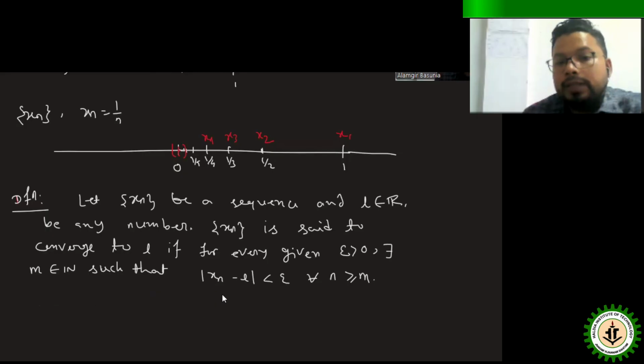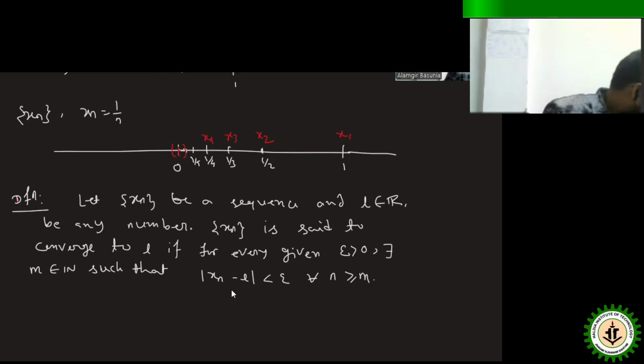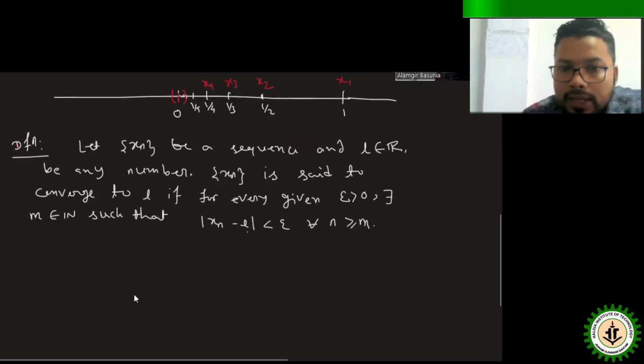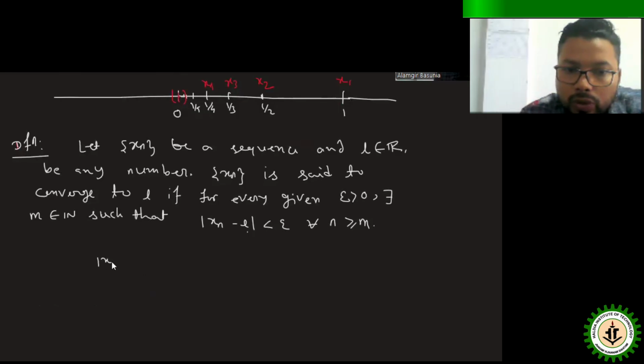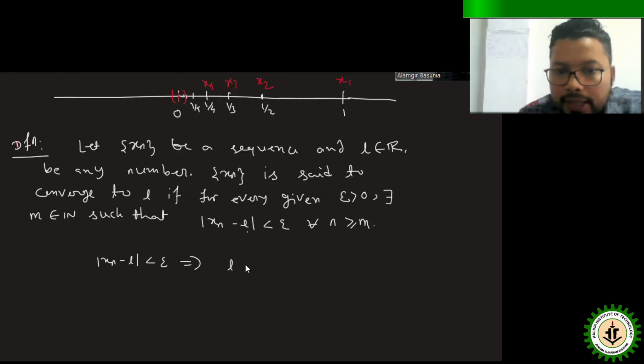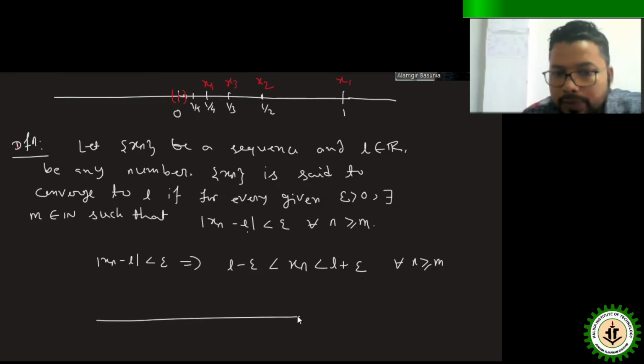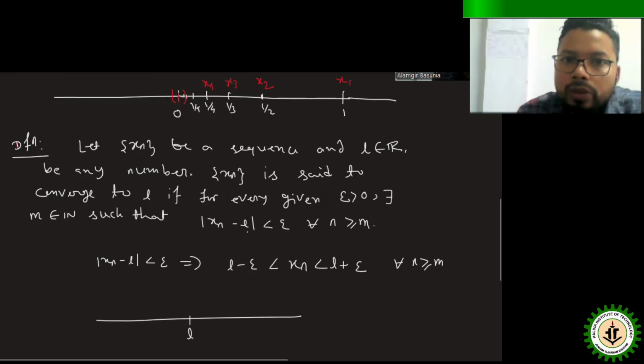Now, this indicates that if L is any real number and x_n is a sequence, then |x_n minus L| less than epsilon actually implies L minus epsilon less than x_n less than L plus epsilon for all n greater than or equal to M. Suppose this is our L. We can change the color.